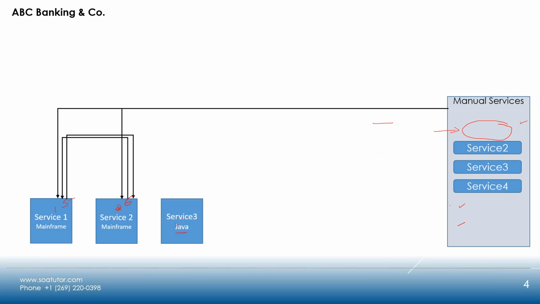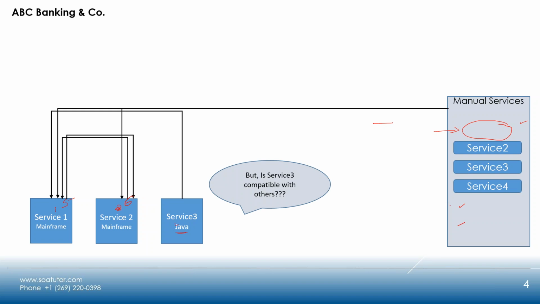Okay, now we have service 3 as Java, and obviously this service 3 cannot work in silos, right? It needs to talk to the other services at some point. But does this communication happen seamlessly? If it wants to talk to, say, service 1 at some point, or the other way around, if service 1 wants to talk to service 3, can it happen seamlessly?